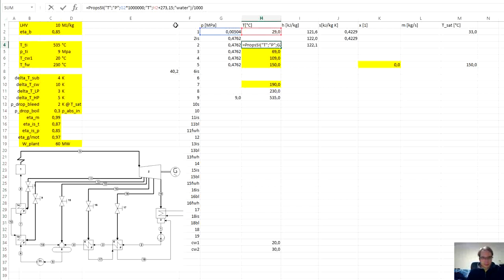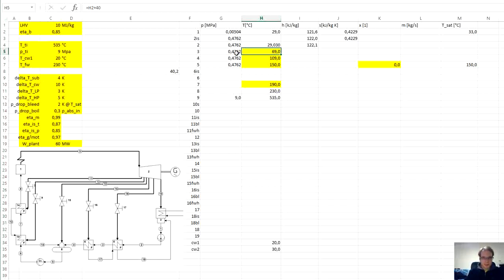We want to calculate temperature based on pressure and enthalpy, where the enthalpy is I4 times 1000, and for temperature, minus 273.15 to get temperature in degrees C. We can see that as the pressure difference is not very high, the heating up of the working fluid on the pump is not very high.